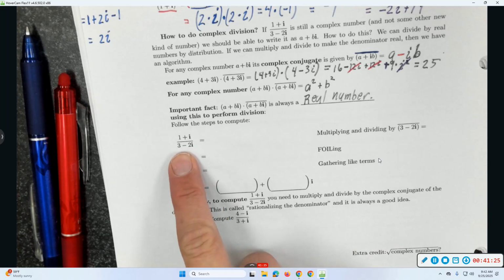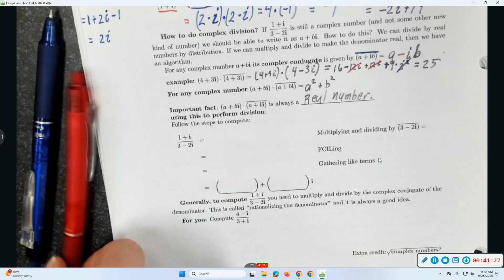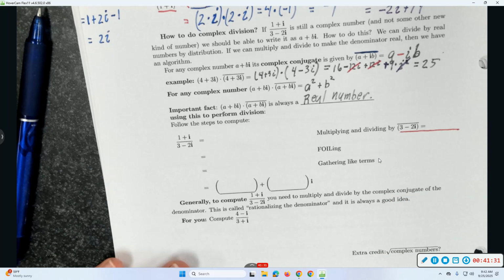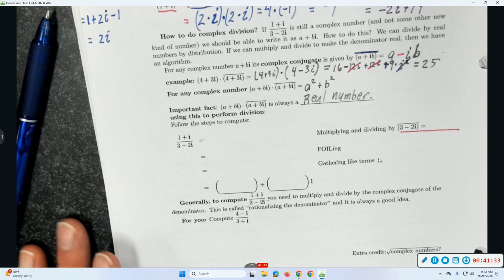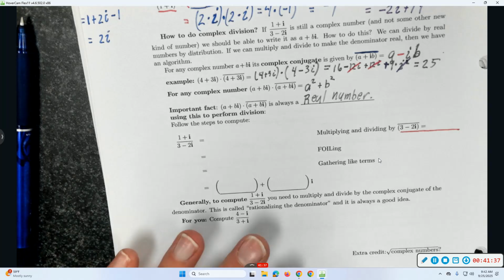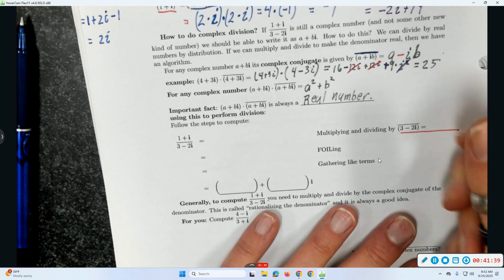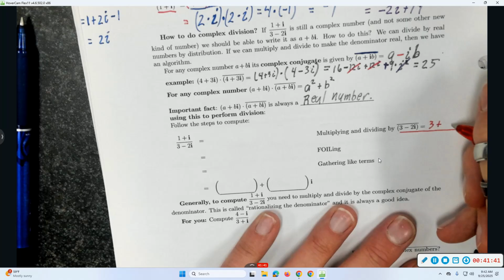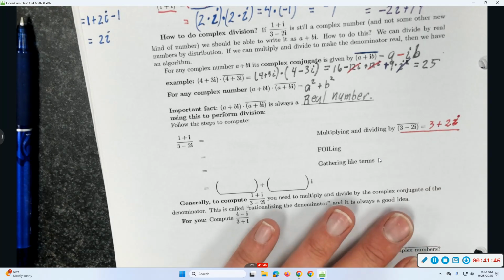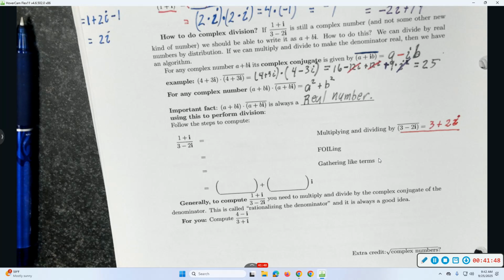1 plus i over 3 minus 2i. Step 1, multiply and divide by the complex conjugate of the thing on the bottom. What's the complex conjugate of 3 minus 2i? 3 plus 2i, because a double negative will be positive. So let's do that.